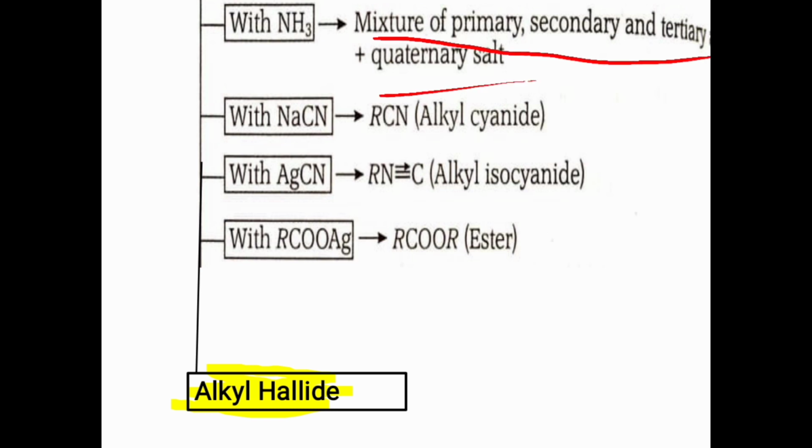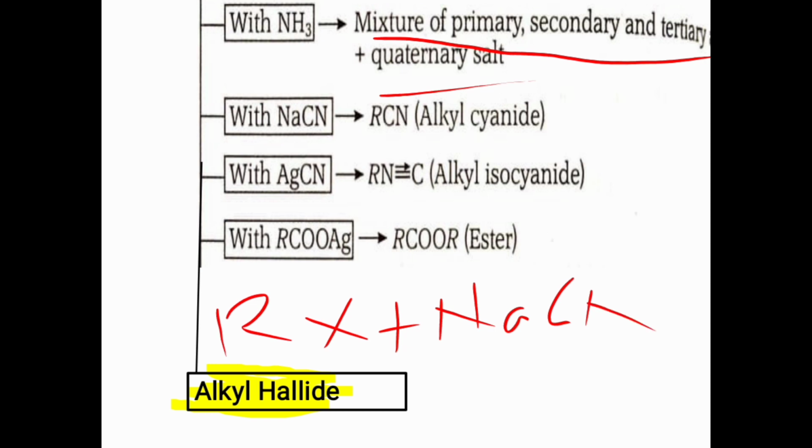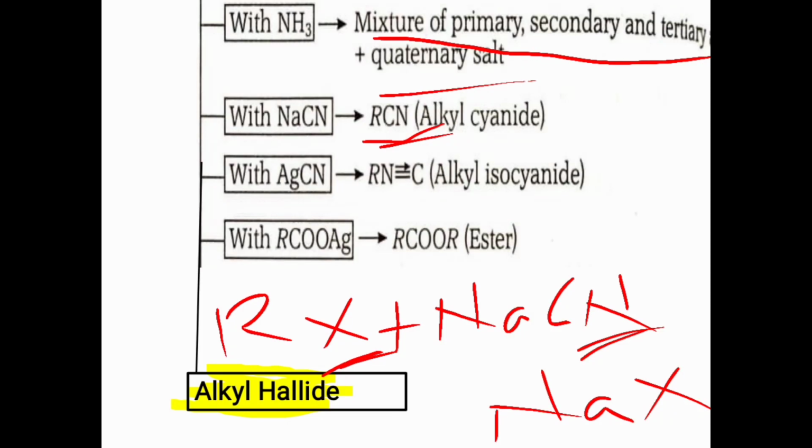Now when it reacts with sodium cyanide, a substitution reaction occurs with Na and CN. This CN will substitute with the X of RX, and the product is RCN, and NaX is a byproduct.